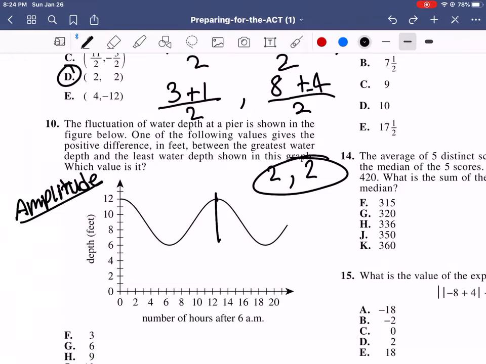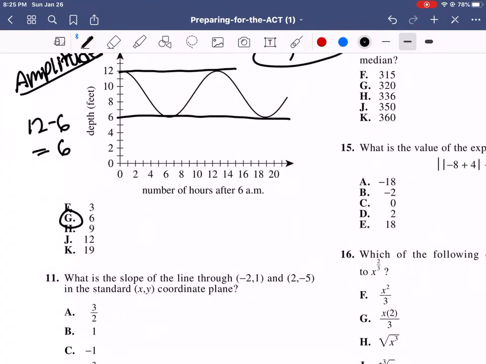That means absolute value, because amplitude is always positive, between the greatest water depth and the least water depth. So greatest water depth would be 12, least would be 6, that's amplitude, and 12 minus 6 equals 6. Answer is G.